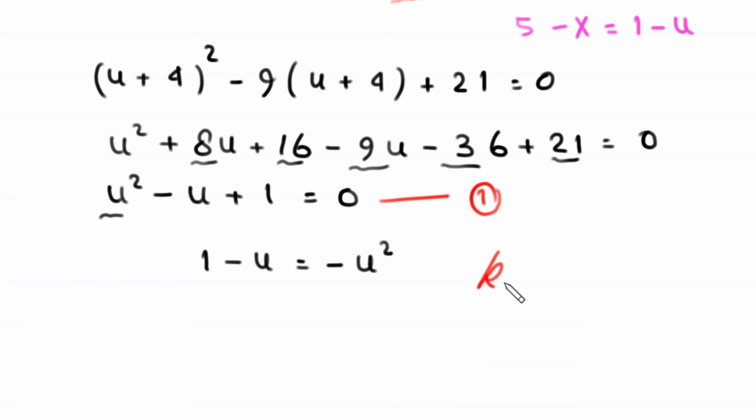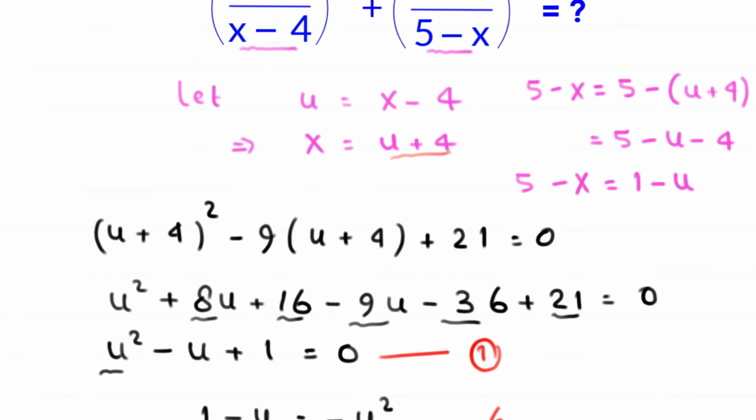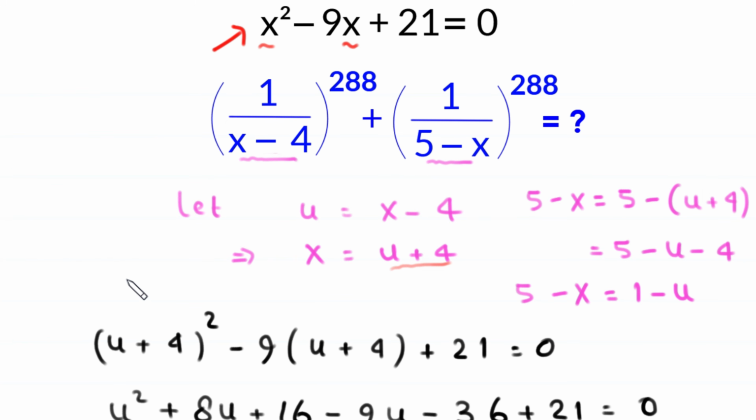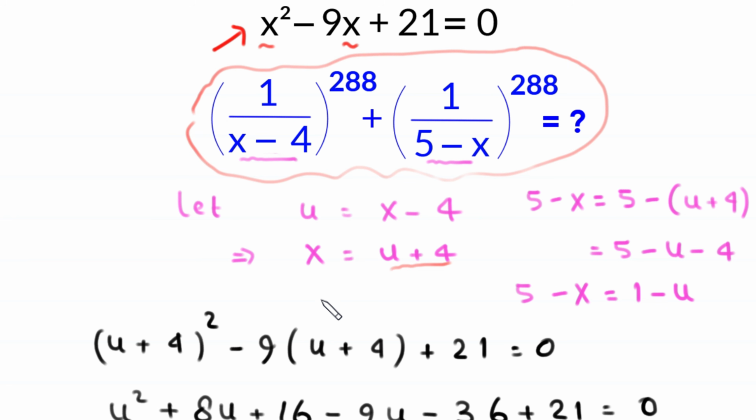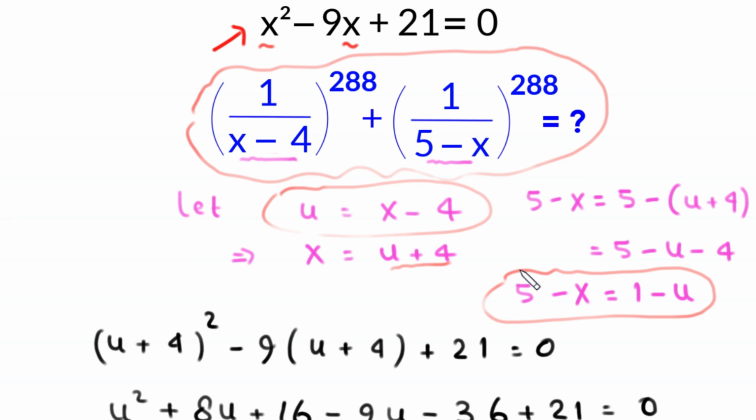And we recall that our target expression we have to find is (1 over x minus 4) to the power 288 plus (1 over 5 minus x) to the power 288, and recall that this denominator x minus 4 equal to u, and the second denominator 5 minus x equal to 1 minus u.